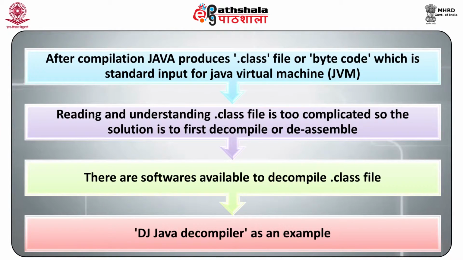Reading and understanding .class file is too complicated. So the solution is to first decompile or disassemble the .class file. There are software available to decompile .class files. We take DJ Java Decompiler as an example.